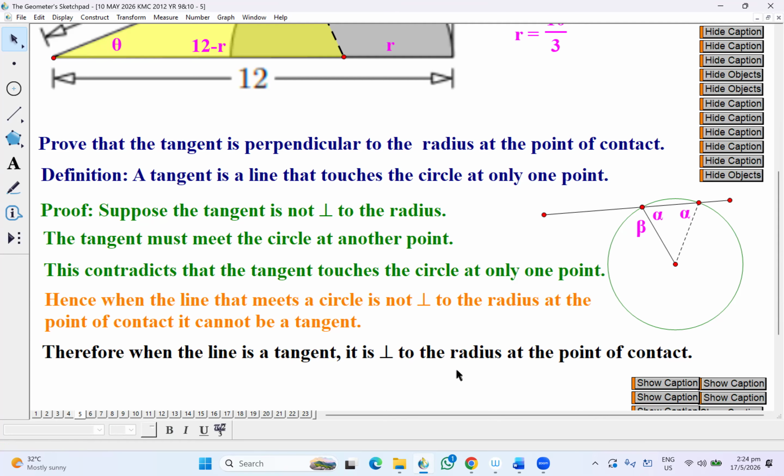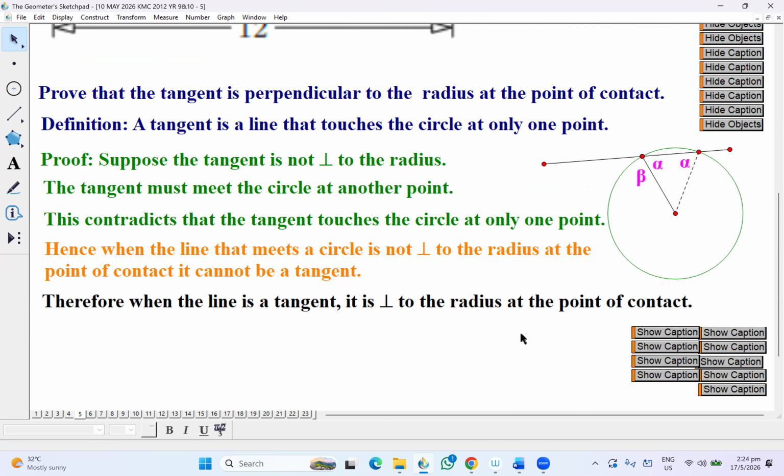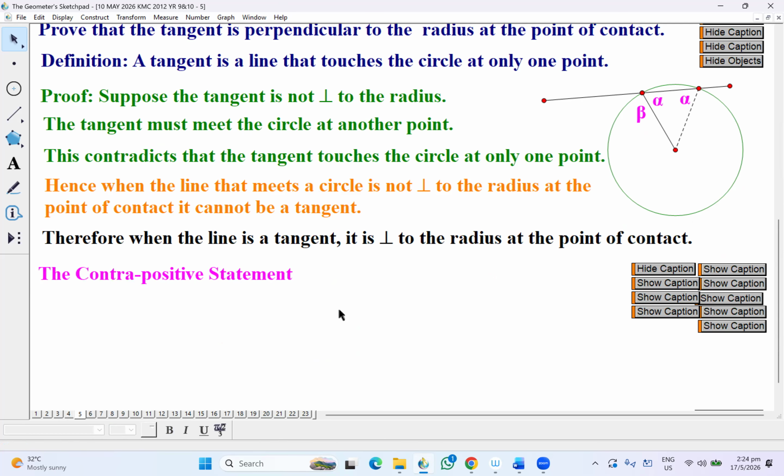To make it short and sweet, easier to do the reasoning, we say like that. You use the contrapositive statement. If P, then Q. If not Q, then not P. Example, if you are over 18 years old, you can vote.